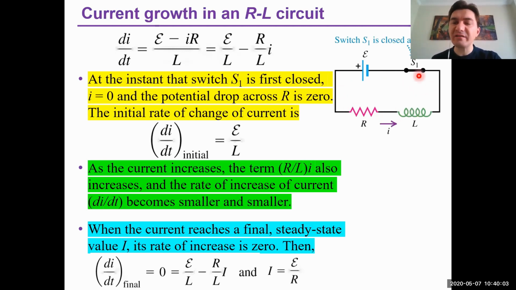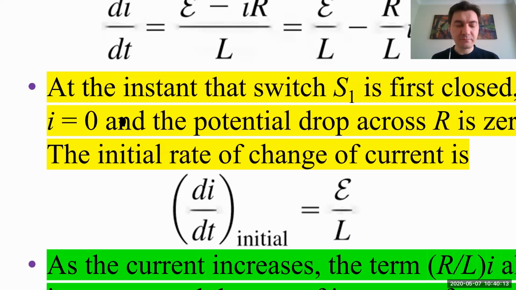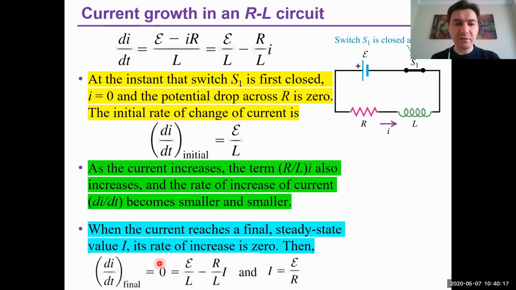If you have a constant current in this circuit, then this term is 0. The current does not change with time, okay? So here we have 0, and we just put those terms here. Instead of a changing current, here we have a constant current, okay?